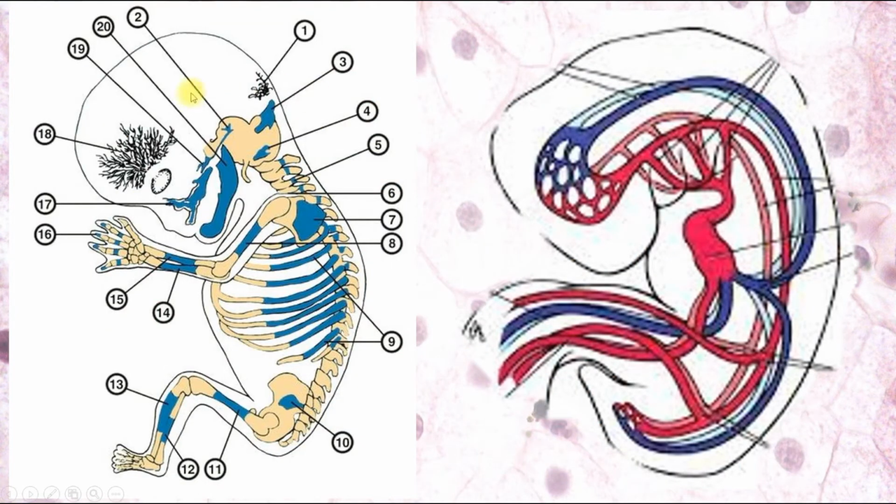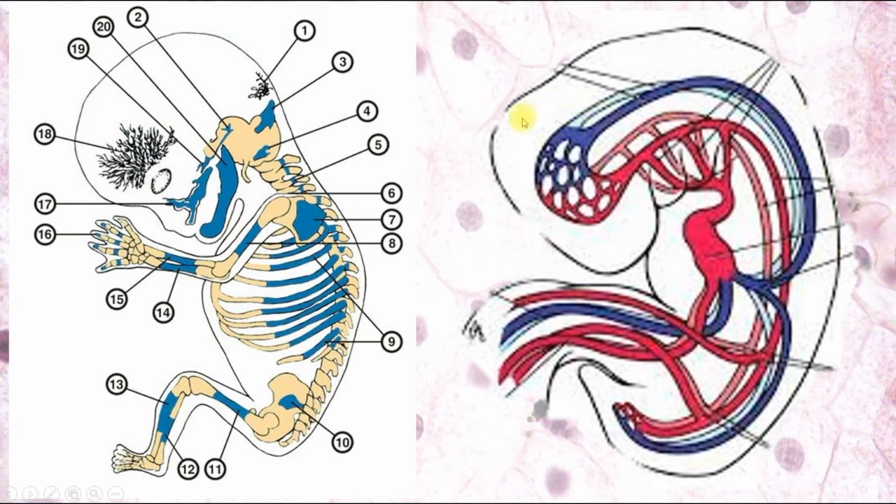And let's look here. Direct ossification may occur only in skull bones, only here, and all other bones have an indirect way of ossification, endochondral ossification. And why do we have this localization? Look here. Under the skull bones, we have the developing brain.